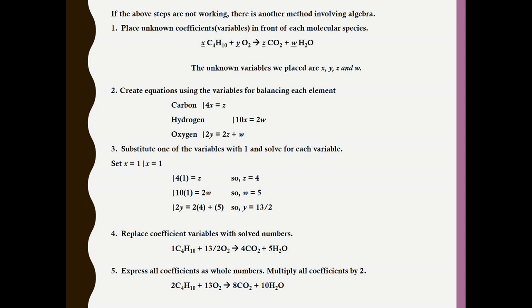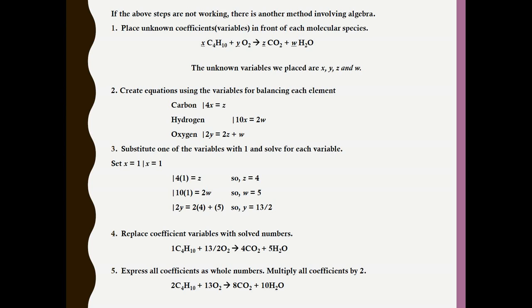For oxygen, on the left side, it's 2y. And on the right side, I have oxygen in both of the different molecules. I have oxygen with carbon dioxide, and I also have oxygen with my water. So I'm just going to add the 2 different variables. My 2y is going to be 2z plus w.